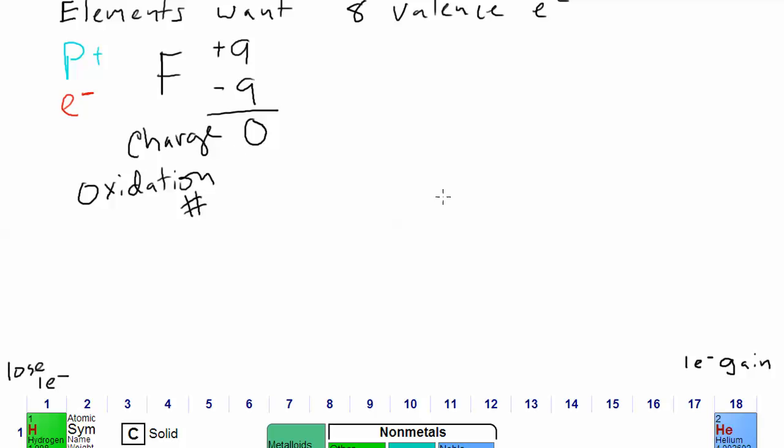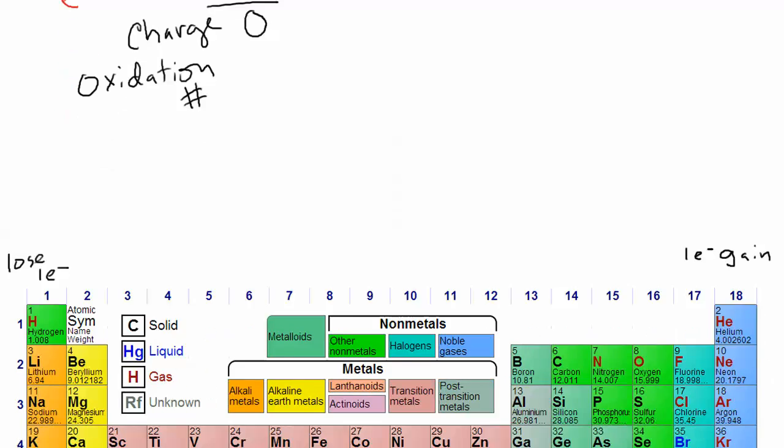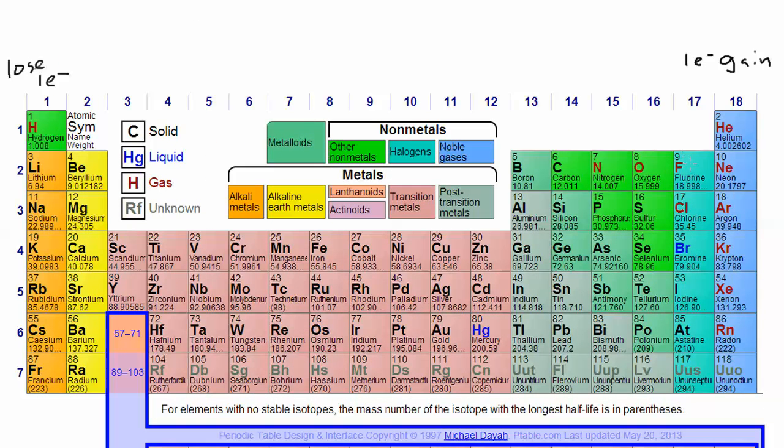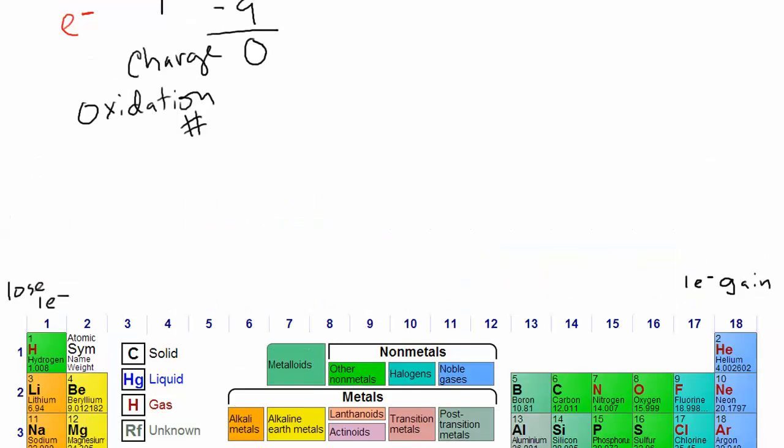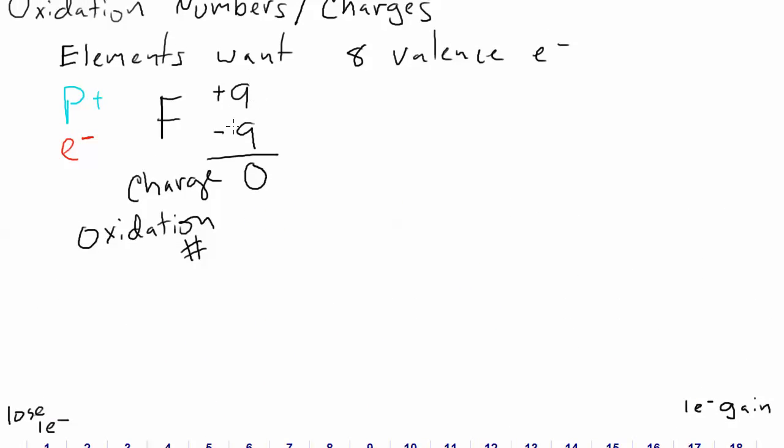Well, we just found out that a fluorine atom, since it has 7 valence electrons, would like to gain an electron. So what would these numbers look like if that happened? It would still have 9 protons. It's fluorine after all, and that's what makes it fluorine. But if it gains an electron, it's going to have 10 electrons, and electrons are negative.